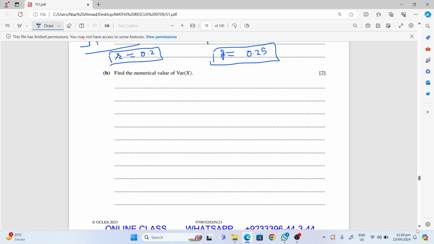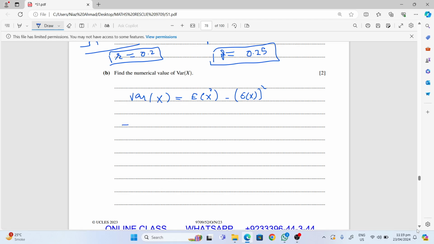Find the numerical value of the variance of x. The variance of x follows the formula: expected value of x square minus the square of the expected value of x.